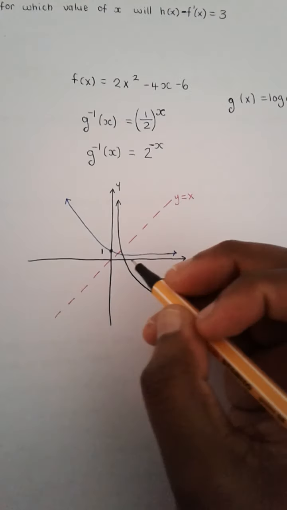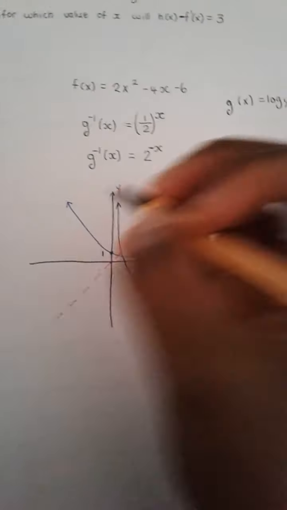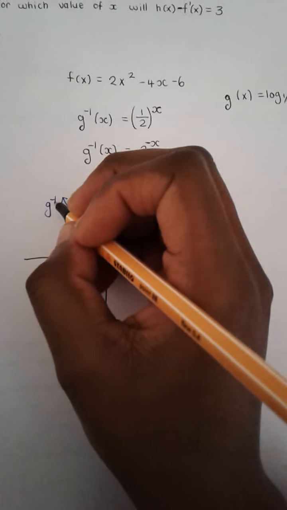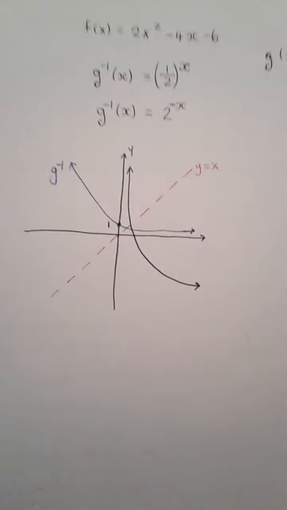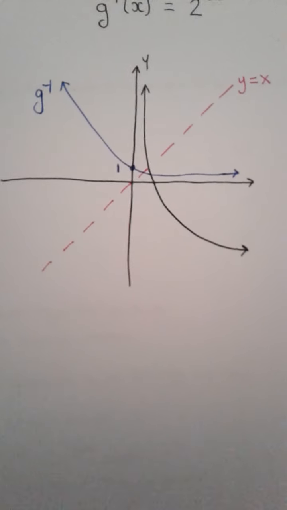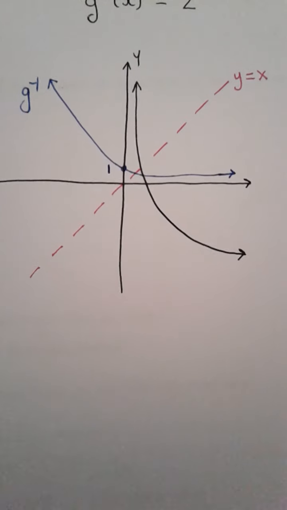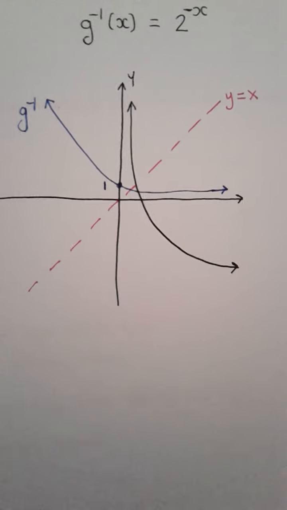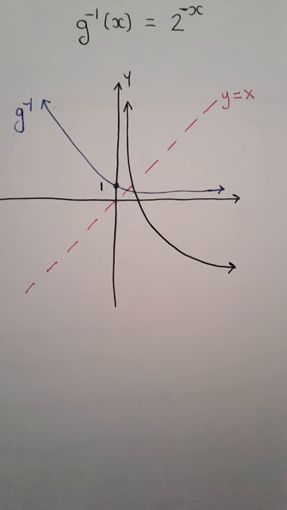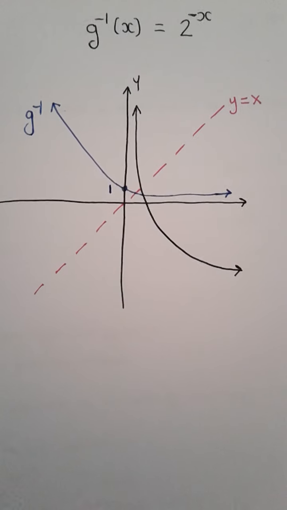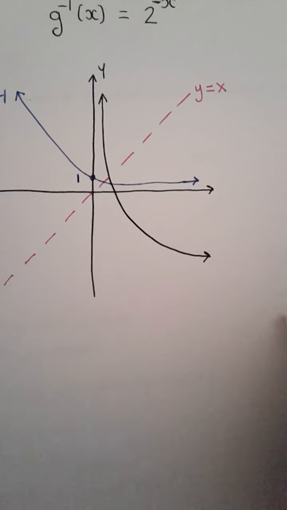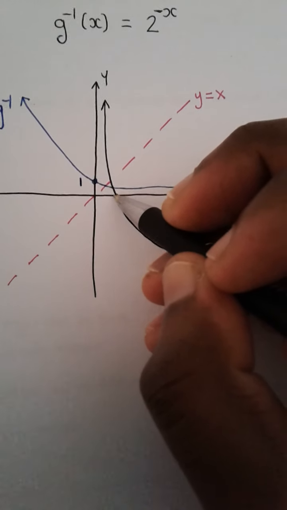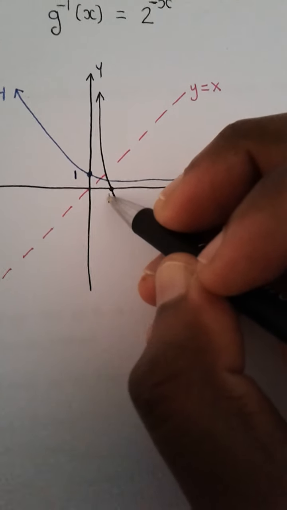And let's just write, this is G inverse, that's the blue graph. Let me zoom in here. So that's the blue graph, and for our black graph, that's the graph of G, it would have an x-intercept at 1.